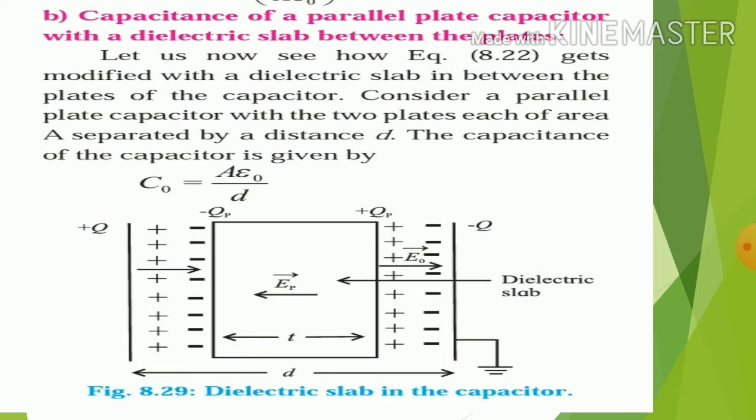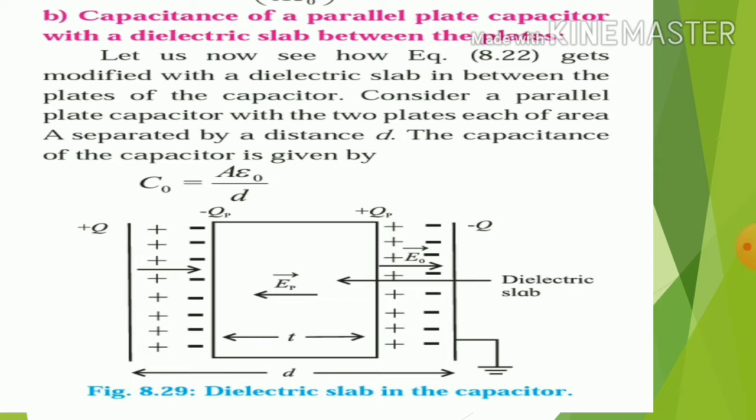For finding this value, we can consider figure 8.29. In figure 8.29, a dielectric slab is placed between two plates of a parallel plate condenser.